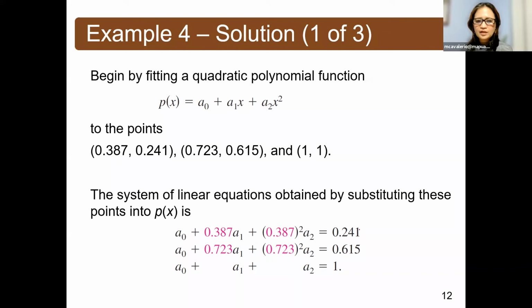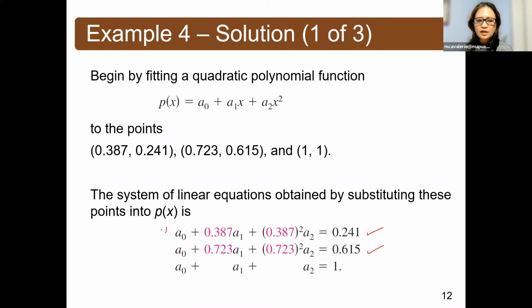This is equivalent to 0.241. With 0.723 and 0.615, we have the equation a0 plus 0.723 a1 plus 0.723 squared times a2 equals 0.615. Finally, with the last point being 1 and 1, we simply have a0 plus a1 plus a2 equals 1.